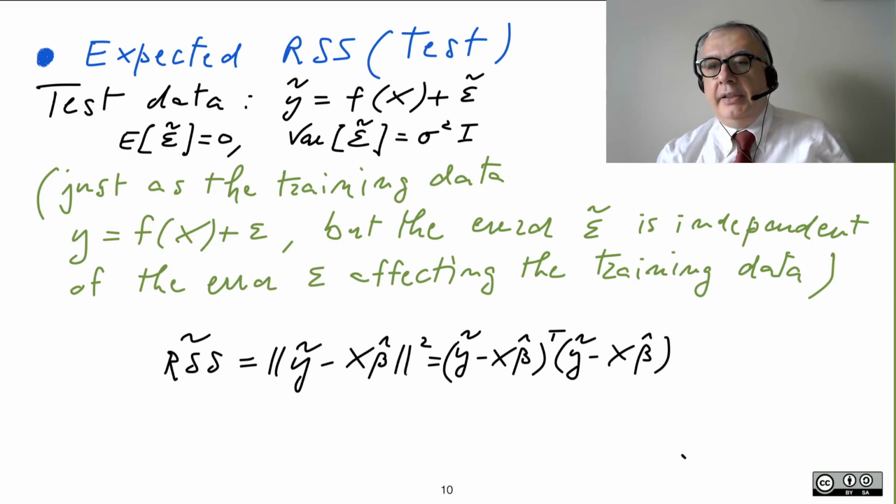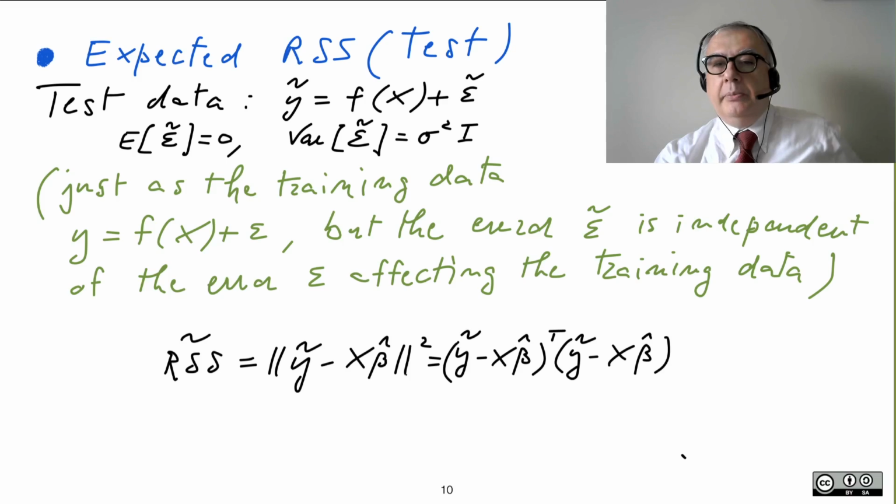So it is like if we had sampled our function in the same x points as we did for training, the difference being just that the noise is different, of course.